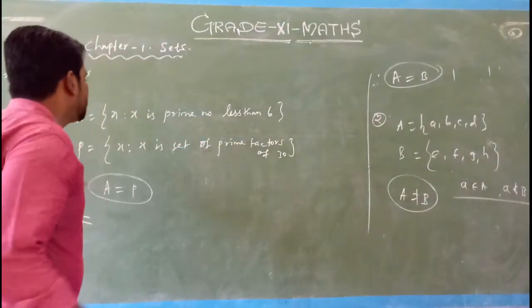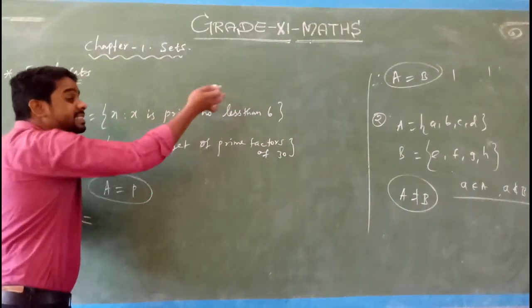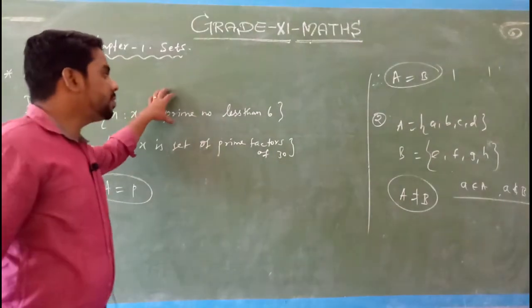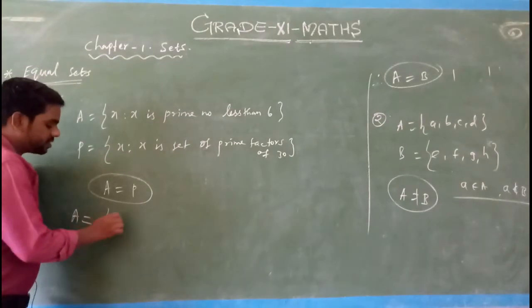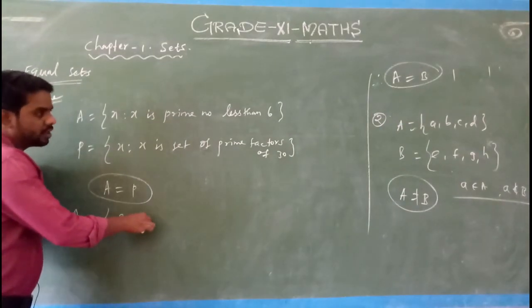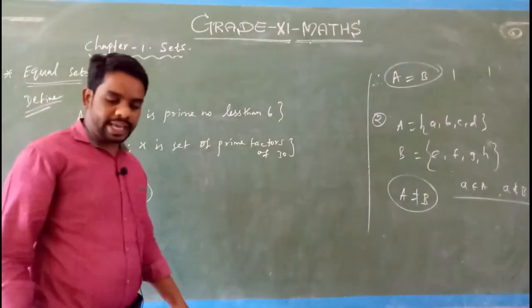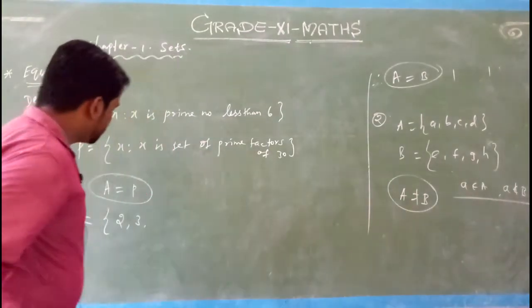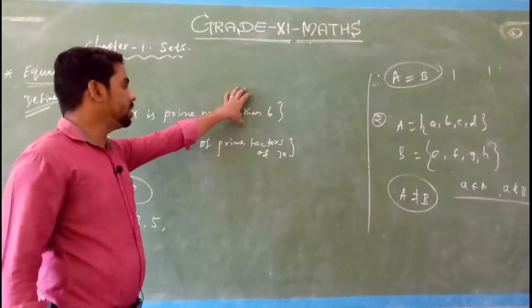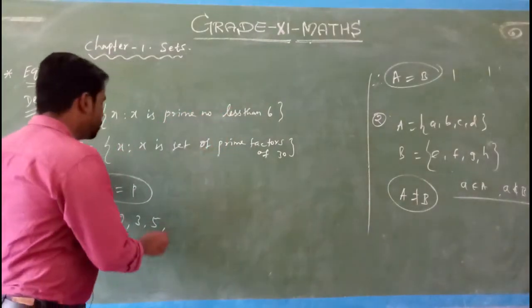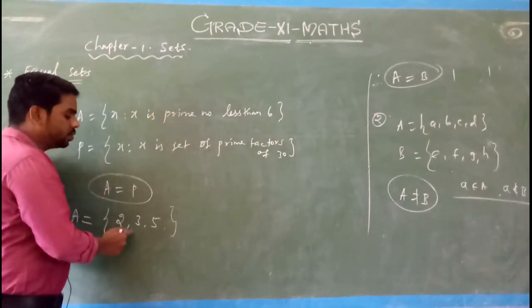Less than 6, so 2, 3, 5. 6 is not a prime number, so only 2, 3, 5. So A is the set of prime numbers less than 6, which is {2, 3, 5}.